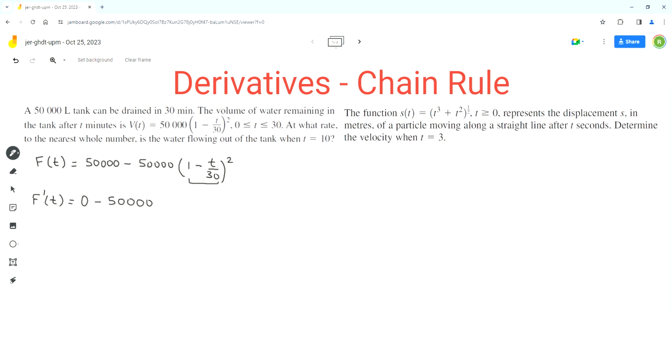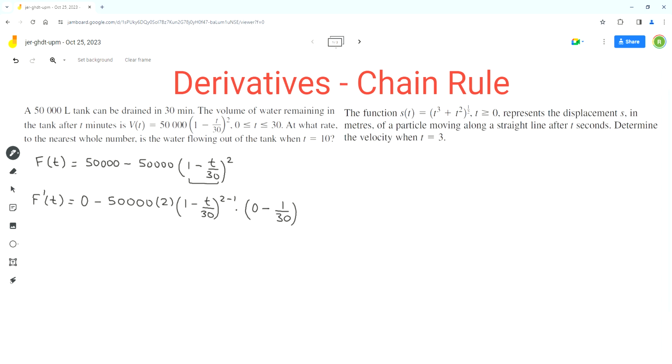So we'll move the exponent 2 to the front, and we'll subtract 1 from the exponent, times the derivative of the inner function. So the derivative of 1 is 0 because 1 is a constant, minus the derivative of t/30, which is just 1/30, because 1/30 is the coefficient of that term.